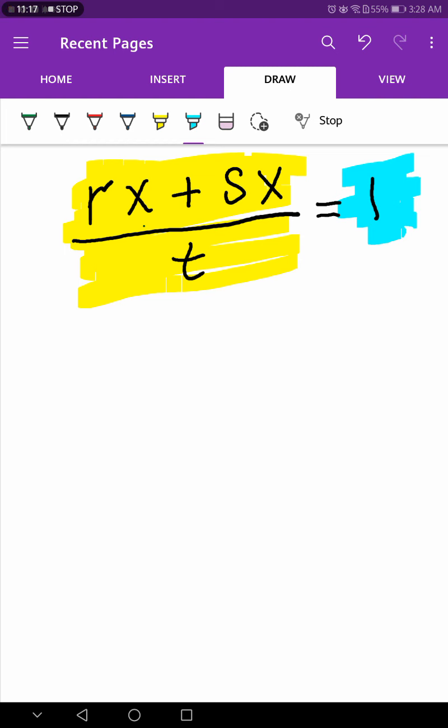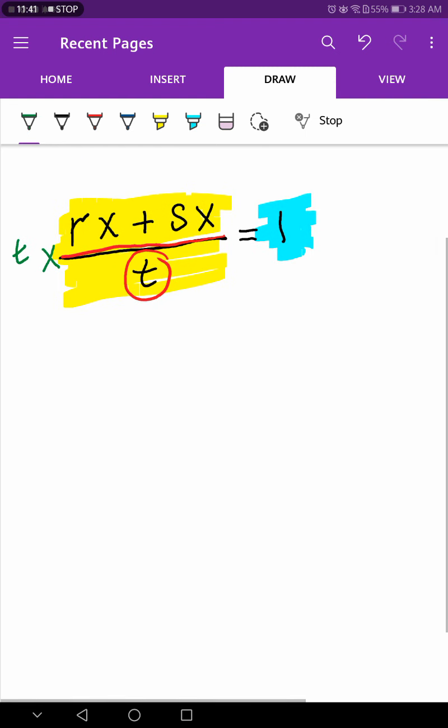But remember that in a situation like this, if the whole left side is divided by something, go directly and multiply by what you have down, which is t, and what you do on the left you do on the right.